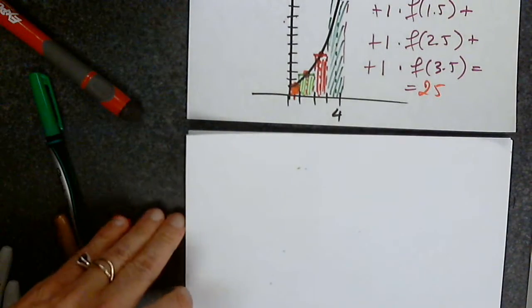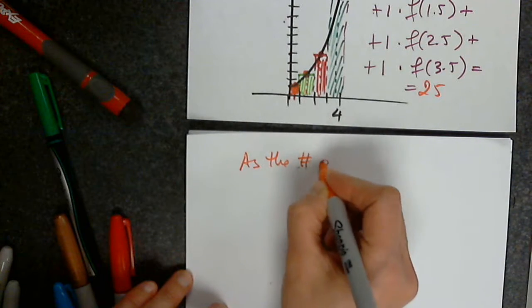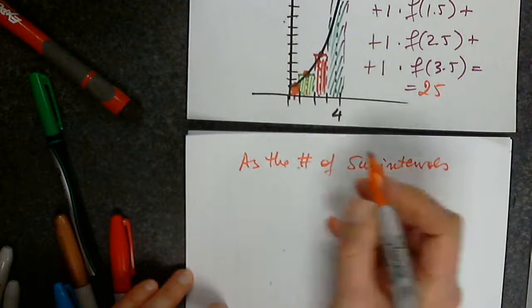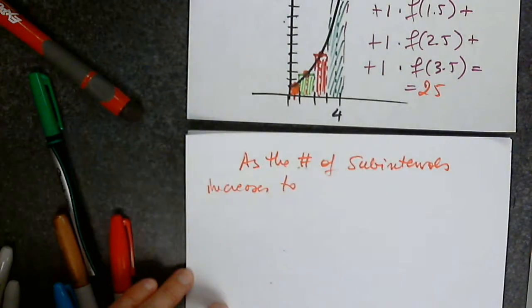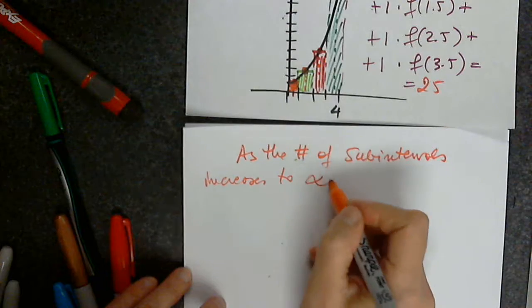So I will say this. As the number of subintervals increases to, what do you think it should increase to? To make sure that I have no gaps ever in the area. What should it increase to? Of course.